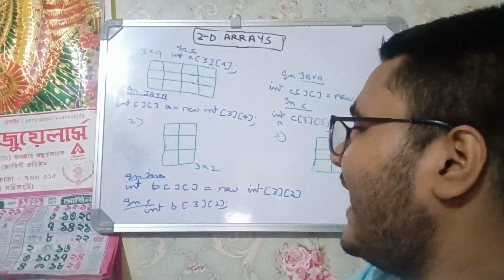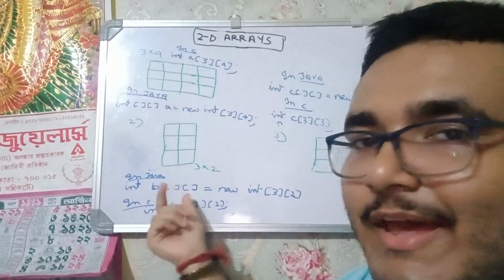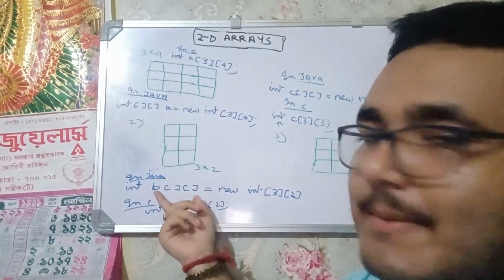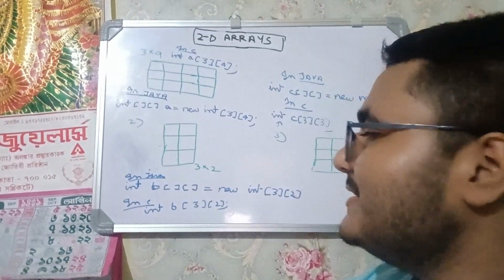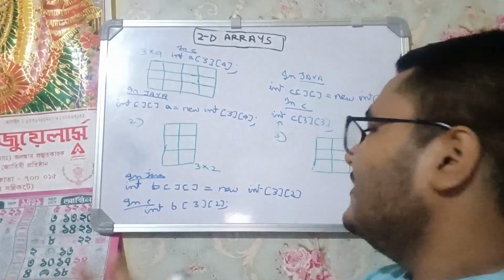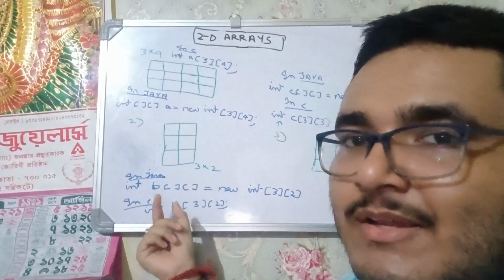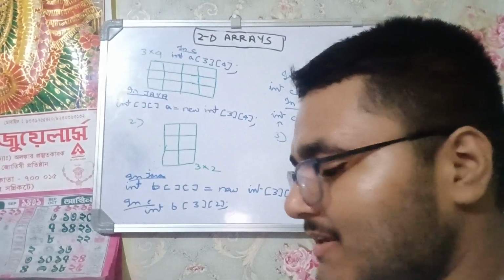If I am declaring after the variable, then the variable name, then the square brackets. These square brackets represent the array. That's all. A 2D array: 2 square brackets. 1D array: 1 square bracket. As simple as that. Right?